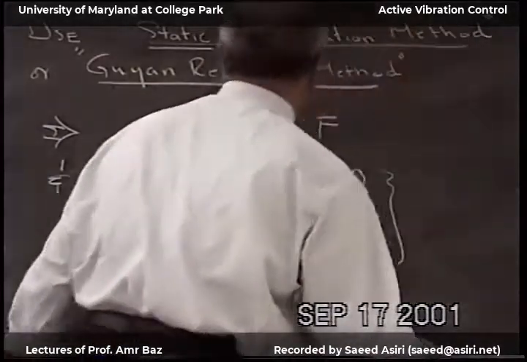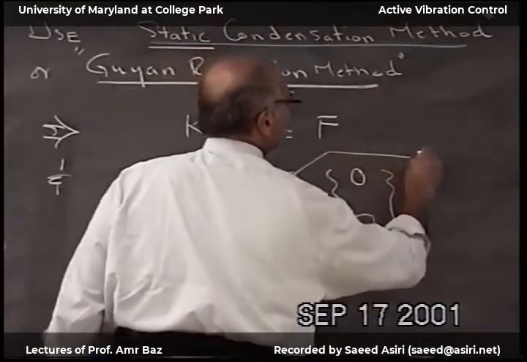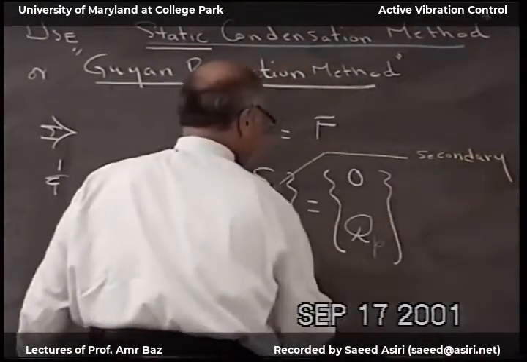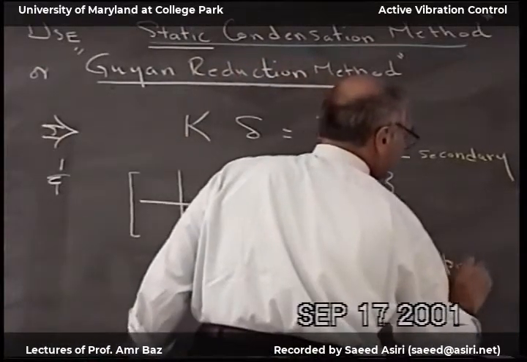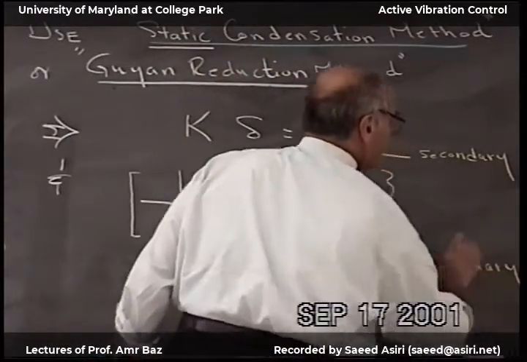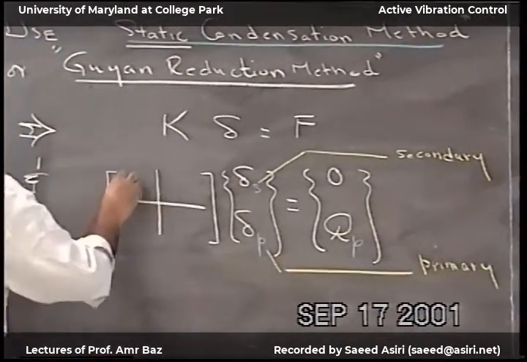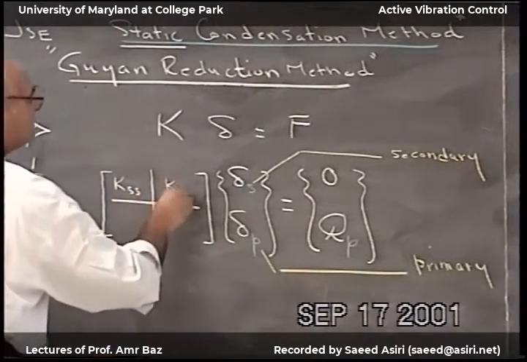The S stands again for secondary degrees of freedom, and the P stands for primary. Okay, and I'll partition the stiffness matrix corresponding to these degrees of freedom.